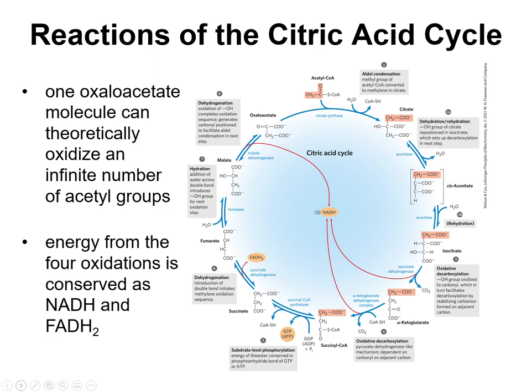A key thing to note is that the oxaloacetate molecule that is regenerated each time is essentially like an enzyme. It doesn't actually get destroyed. So you can theoretically oxidize an infinite number of acetyl groups being joined to create citrate and go through the whole path.